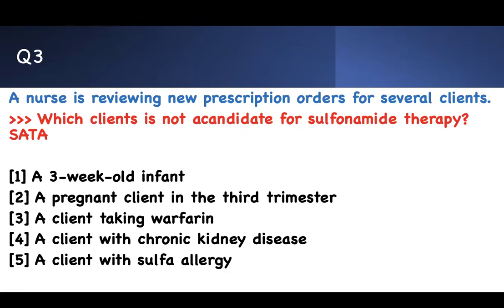So 1 and 2 are out. You can take it if you take warfarin. We just have to monitor your INR so that you don't bleed. It doesn't mean it's a contraindication. The client with kidney disease is cleared by the liver and the kidney. Therefore, this is not good. And the client who has a sulfa allergy cannot take it. So 1, 2, 4, and 5 cannot take this medication.